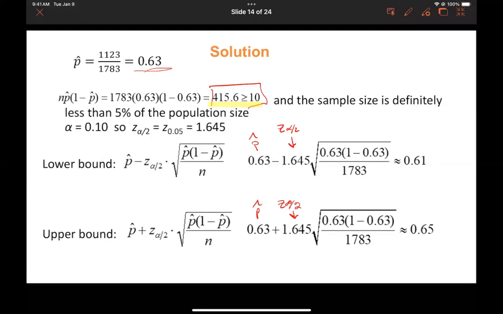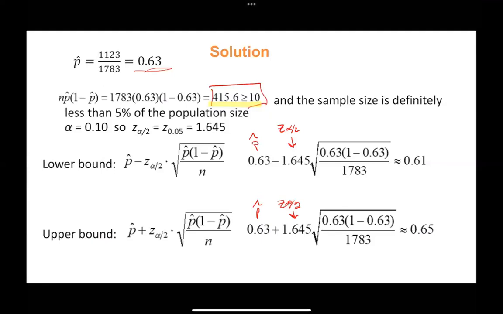And then, since I don't have a population proportion, I have to use my p hat. So I have 0.63 times 1 minus 0.63 divided by my sample size, 1783, then take the square root. So the lower limit of my confidence interval is 0.61. The upper limit of my confidence interval is 0.65.